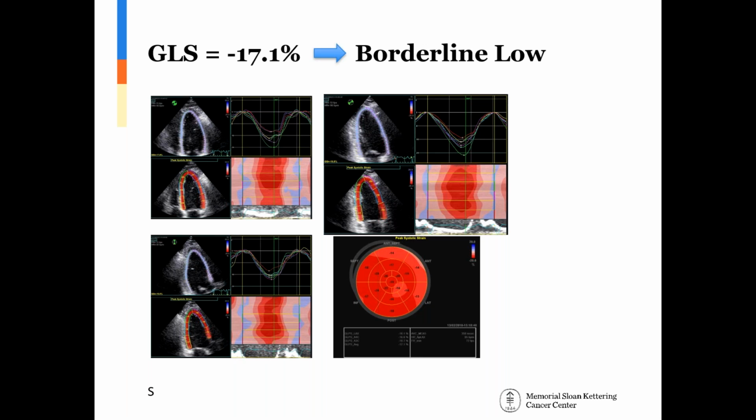I think we've all seen crazy strain numbers being generated, especially now that it is being reimbursed. So we are seeing an uptick of strain being done in a lot of the echo reports, everywhere. And I think that we need a concerted effort to educate the community at large.